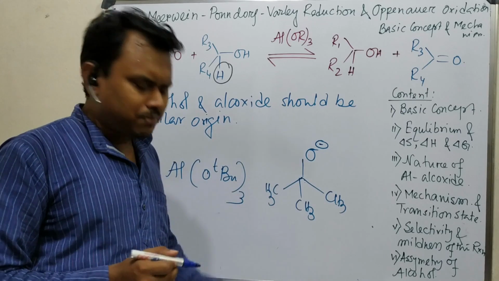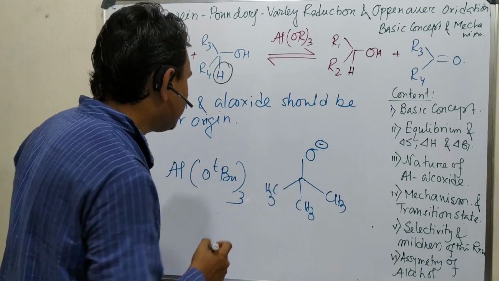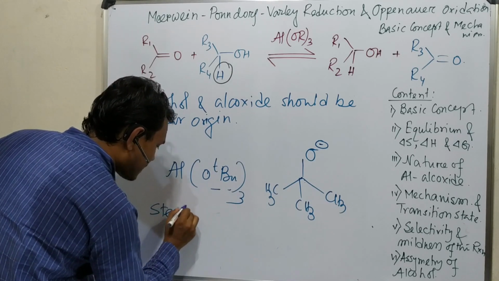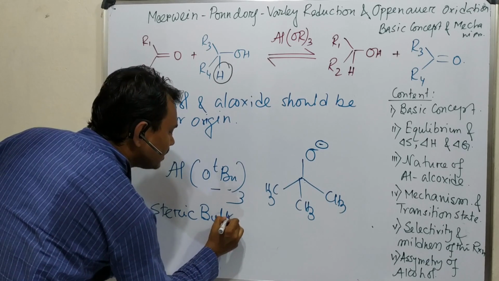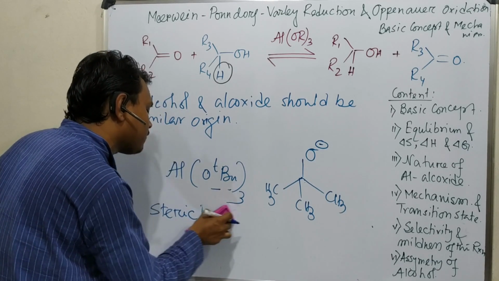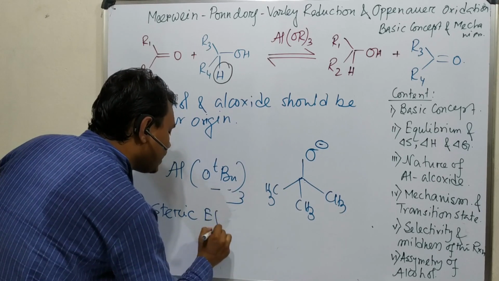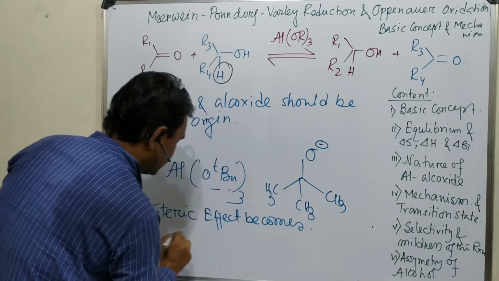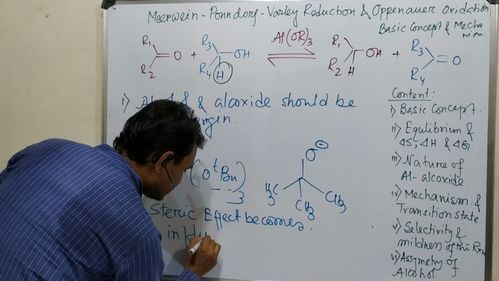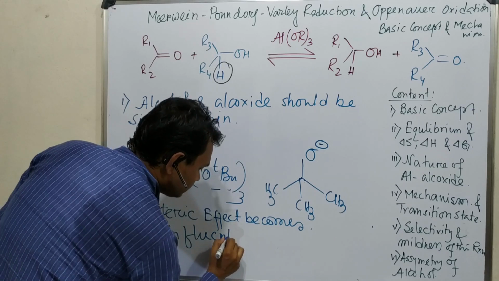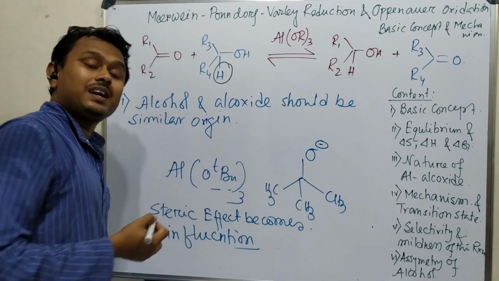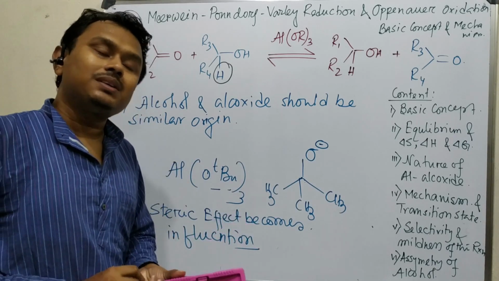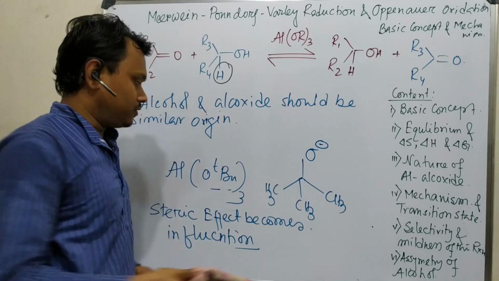Tertiary butoxide has one problem too. When you use a tertiary butyl, steric bulk increases and the steric effect becomes influential. I'm not saying the reaction will not occur, but it will influence the reaction. I believe this point helps to choose the proper reagent for this conversion.